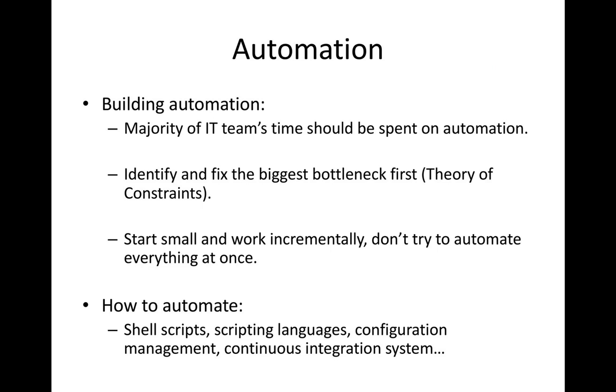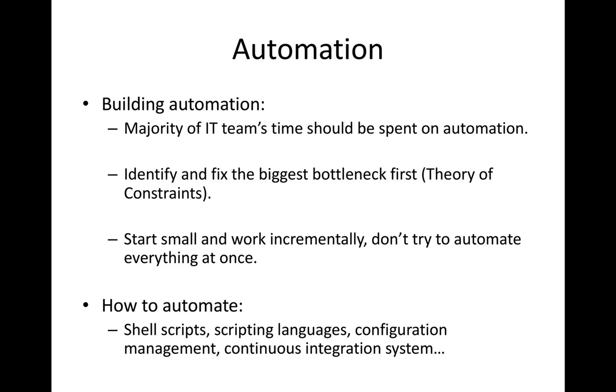They're trying to solve problems and fix things that have been broken, and they're trying to support the organization's internal staff members. They're trying to support customers. In a high performing IT organization, the majority of the team's time should be spent on automating stuff. So taking these manual tasks, building tools, and then taking those tools and creating automation around them.